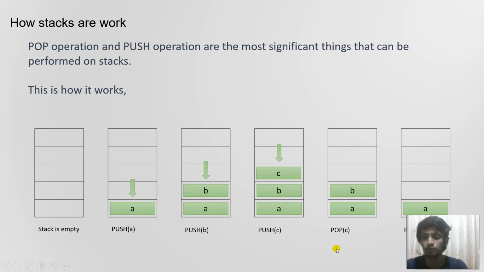Now imagine I am going to pop an element. Popping means basically deleting. If I pop an element from my stack, the topmost location is the C position, which means our topmost element is C. So if I perform the pop operation, it will delete the topmost element, which is this C. Now imagine I perform the pop operation again.